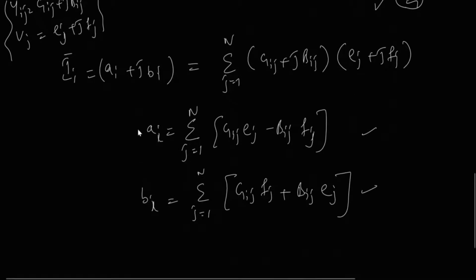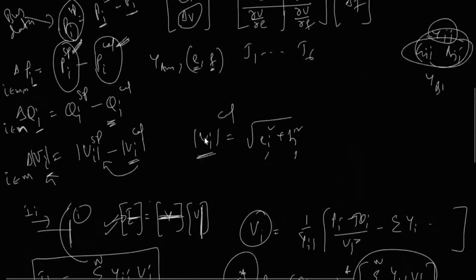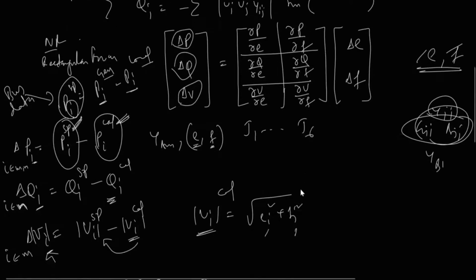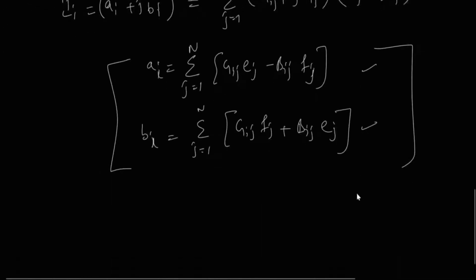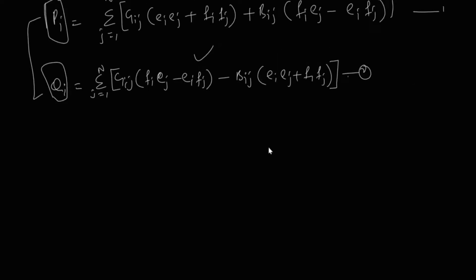Okay, you have to first know about these two terms. Now I am coming to the submatrices one by one, dou P by dou E first. My J1 is dou P by dou E. If I want J1 ii, it means dou Pi by dou Ei.